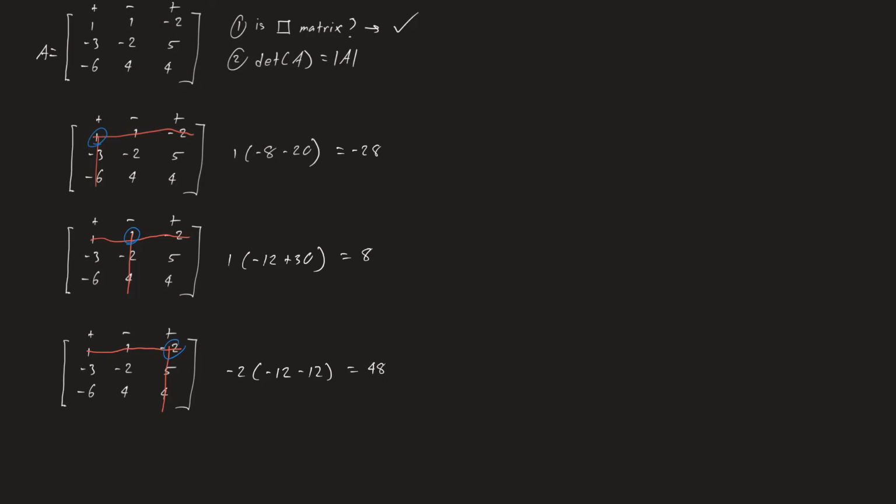All right, well, just looking at these numbers, if I add them all up, I could conclude that the determinant of matrix A is not equal to 0. So that means that there is an inverse matrix to this. Great. So we got the preliminaries out of the way.